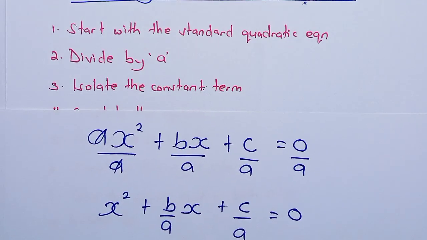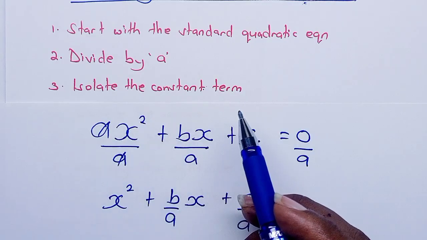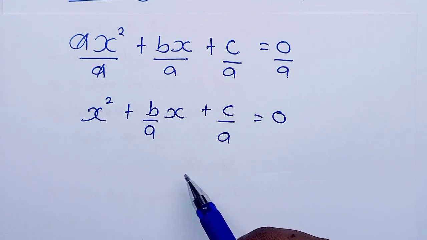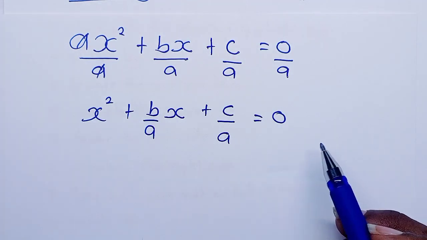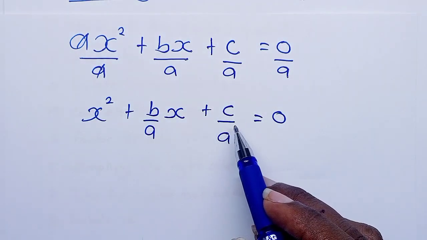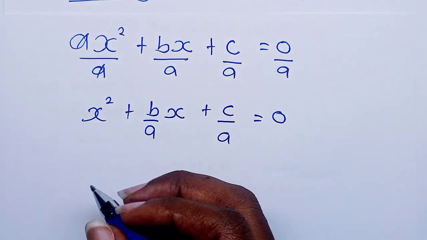Now the third step is to isolate the constant term. So you move this constant term to the right hand side by subtracting c over a from both sides.